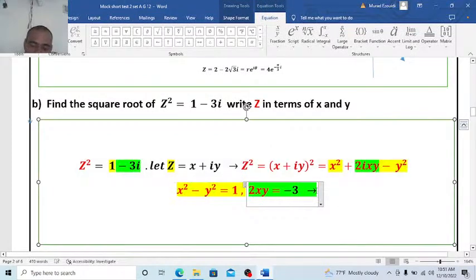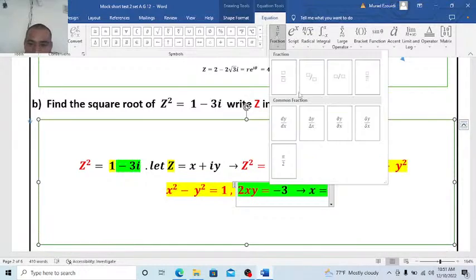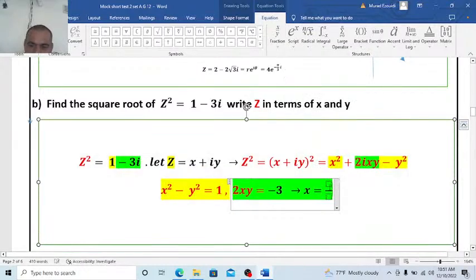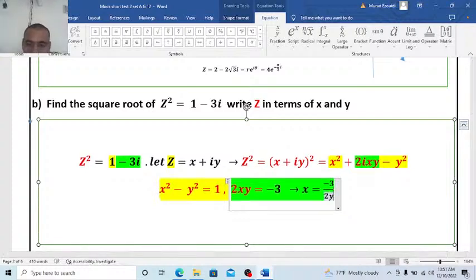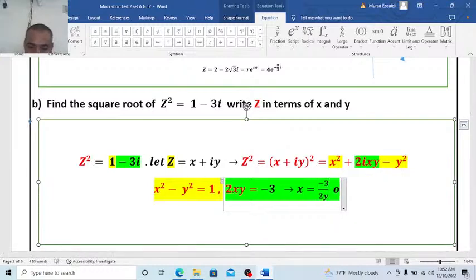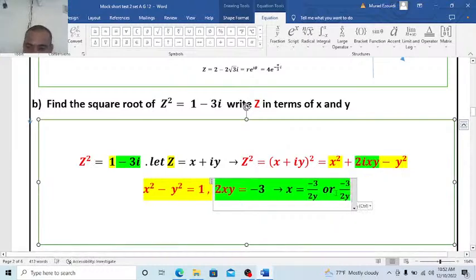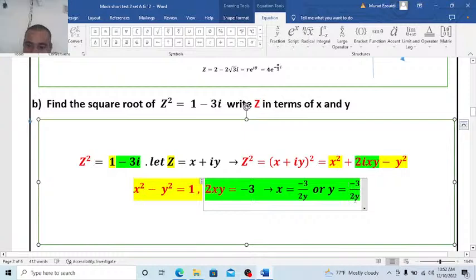If you want to find x or y, I will do both of them. Therefore, x is equal to negative 3 divided by 2y. Or you can also write y equal negative 3 divided by 2x.